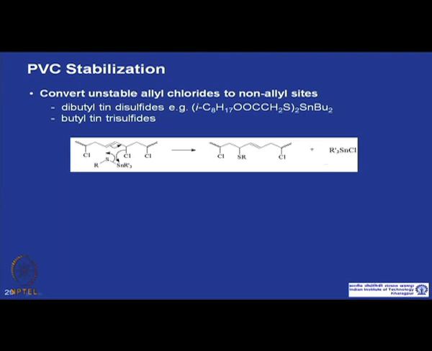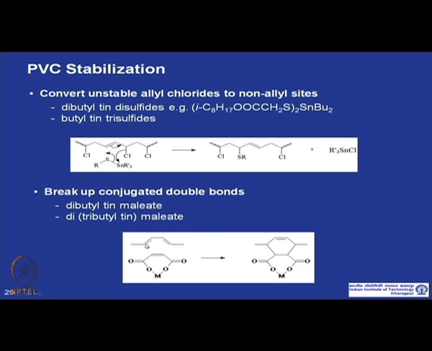So, how is the stabilization done? Many additives can be used. One type of additive is shown here. They convert these unstable allyl chlorides to non-allyl sites. An example is dibutyl tin disulfide, and its chemical reaction with the allylic double bond is shown here. They convert the allyl chloride to non-allyl sites and prevent degradation.